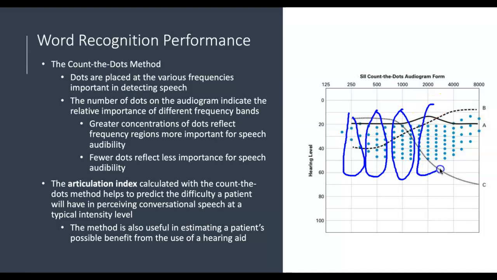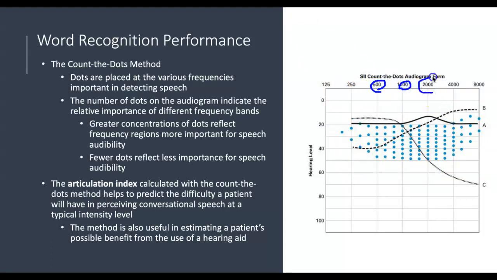And if you look between like 1,000 and 3,000, so right in this region, there are a lot of dots, meaning there is a lot of intelligibility of speech in that region. There's less here at 250 and over here above 4, but there's a lot here. And if you recall, remember what I said when we do testing, we try to do 500, 1,000, and 2,000.